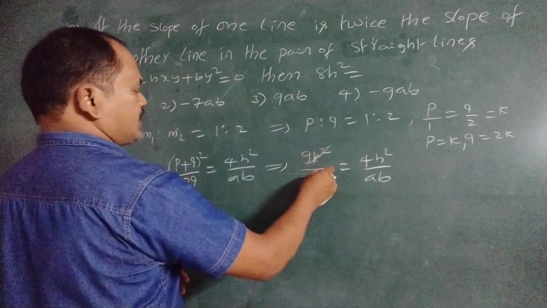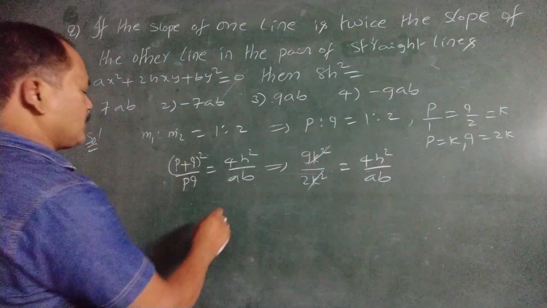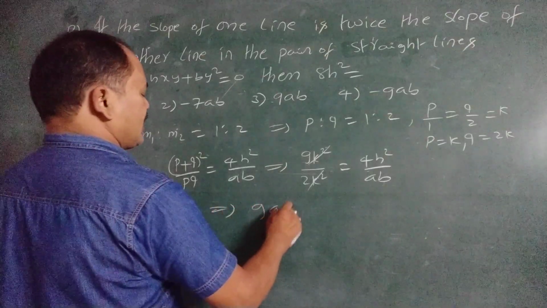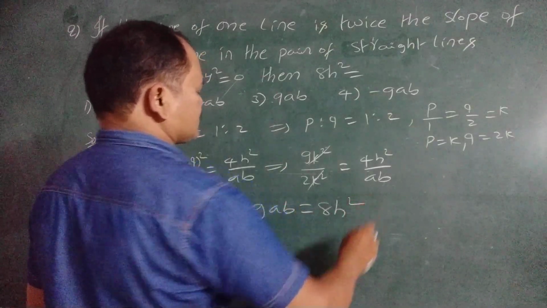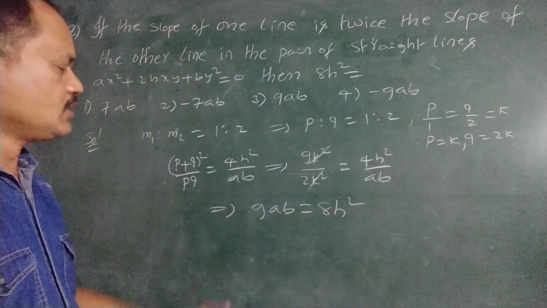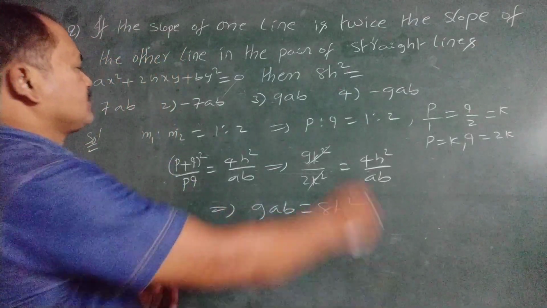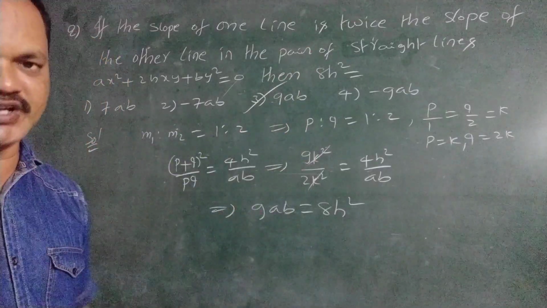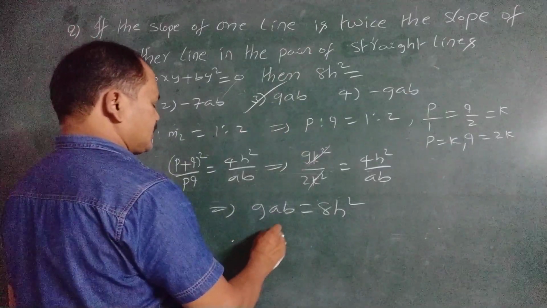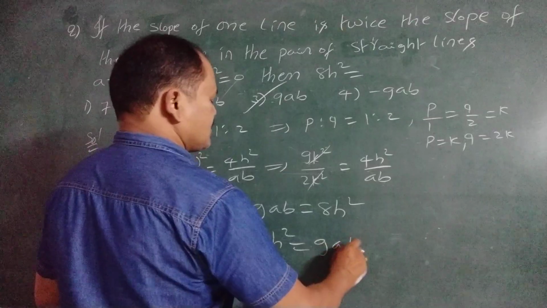That's why here k square gets cancelled. Apply cross multiplication: 9ab is equal to 8h square. What is required? 8h square. So 8h square is equal to 9ab. So that is the third option. Therefore, 8h square is equal to 9ab.